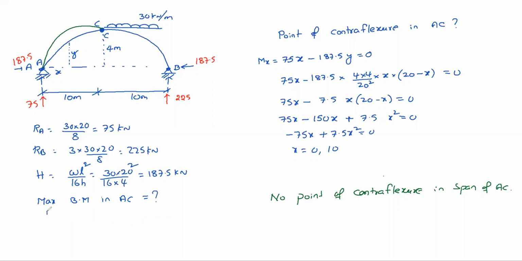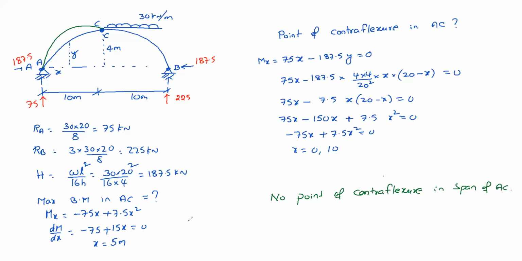We already know the equation of M at x: minus 75x plus 7.5 x square. dM by dx equal to minus 75 plus 7.5 into 2x equal to 0. So x equals 75 by 15, that is 5 meters. At 5 meters we will get the maximum bending moment.